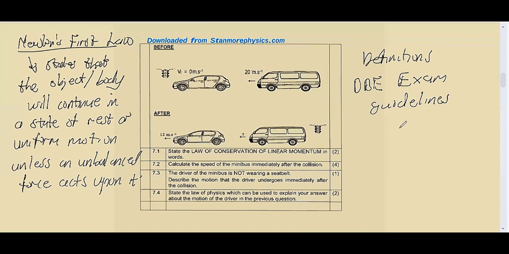So make sure that your exam guidelines are always updated so that you are able to see the definitions that are expected of you in the exam, right? So they want you to write the definition exactly as it appears in your exam guideline. If you don't write it that way, you don't get a mark. So make sure that your definitions are in line with your DBE exam guideline, right? Which is provided by the CAPS document.